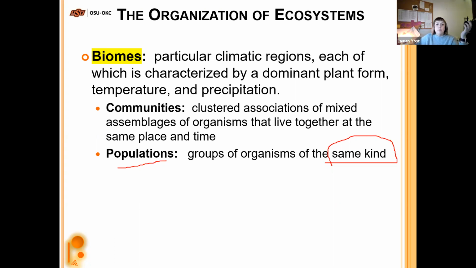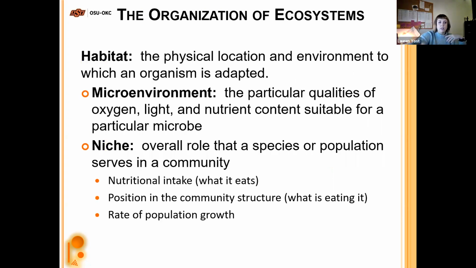Coyotes, whatever. But community, if we were talking about coyotes in like the desert, we might say the coyotes and the rabbits and the scorpions and the microbes there and whatever else lives in the desert with that, right? That's the community. That's the difference. Okay. A habitat, so that's a term used to describe physical location environment where an organism is adapted to live.